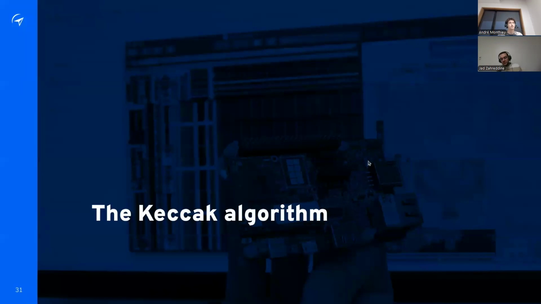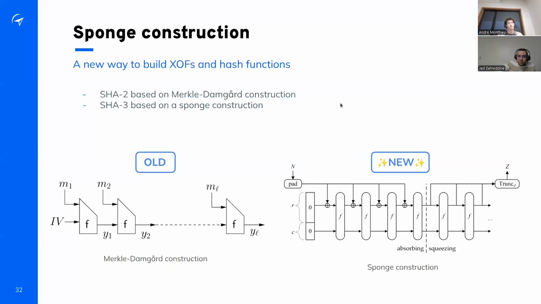So now that we know why Keccak is present almost everywhere in the present and more in the future when we're going to have PQC all over the place, let's take a look at the Keccak algorithm in depth. So you've seen in the illustration we used a sponge in order to illustrate the sponge construction that is used by SHA-3 and Shake. SHA-2 was based on the Merkle-Damgard construction, which itself is based on compression functions.